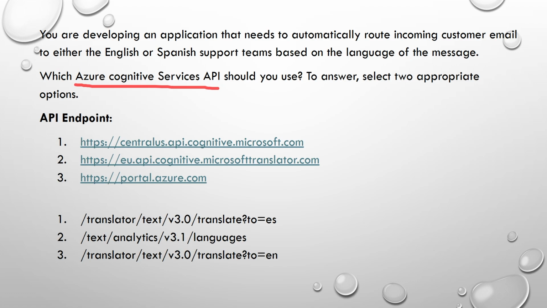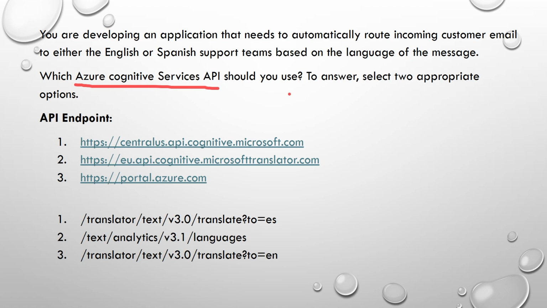That is what Azure Cognitive Services API is for. And currently it is known as Azure AI Services. So there is a slight change in the name. If you see Azure Cognitive Services and Azure AI Services, both are the same. It is a wide umbrella that hosts all of the Azure AI services, a single endpoint to access all the AI services of Azure. I hope that is clear to you.